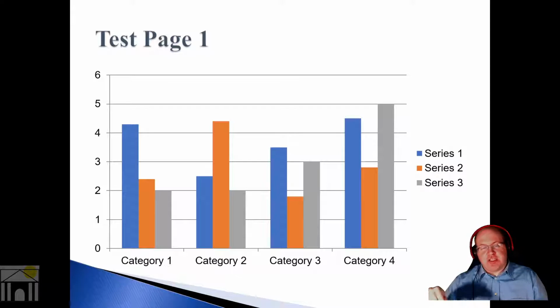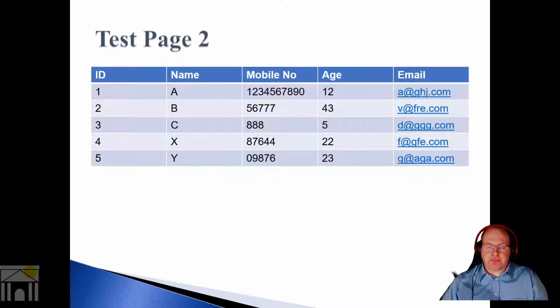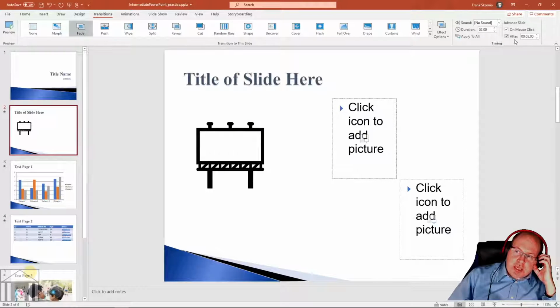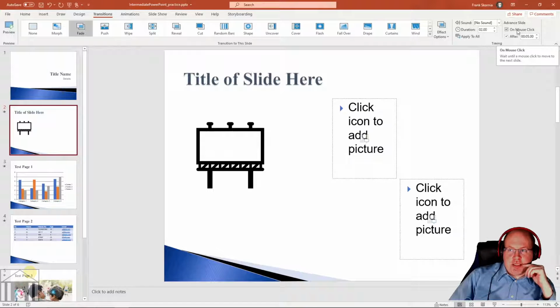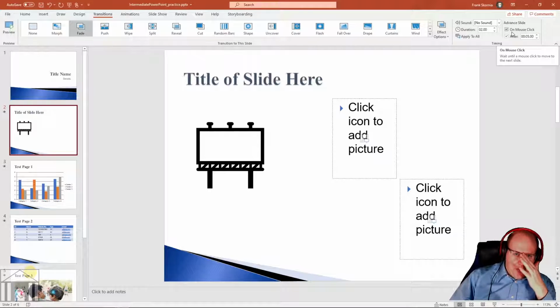Now this slide still has after the mouse click, so in order to go to the next slide, I have to click to have it go to the transition there. That's what that did. And since I still have on mouse click turned on up here, I could have also clicked and it would have gone to the next slide and played the next transition. We're going to turn that off right now.